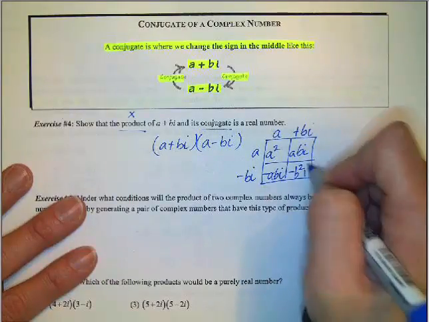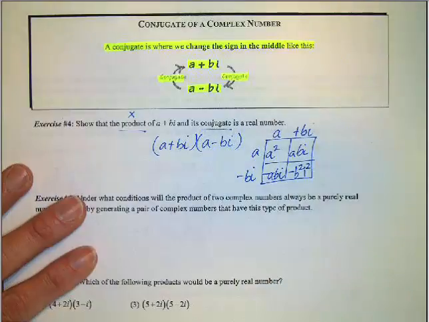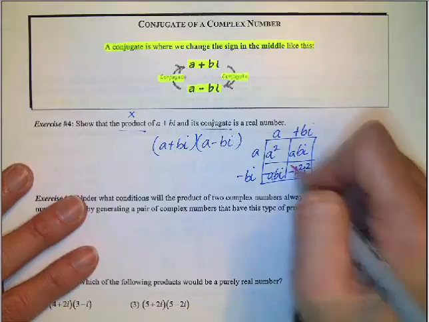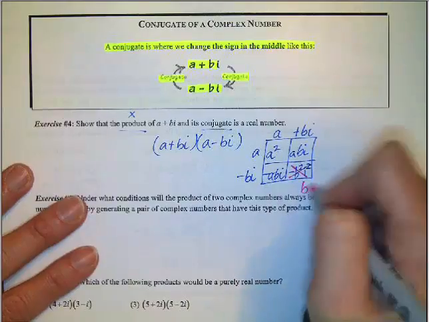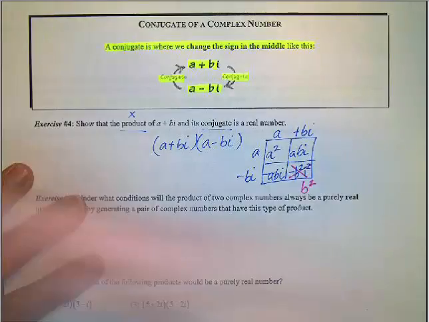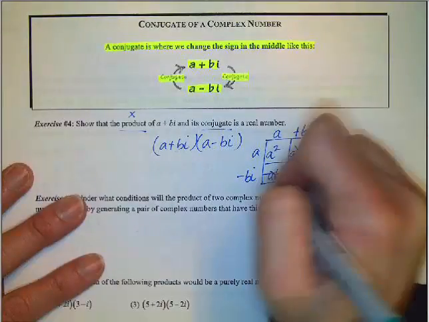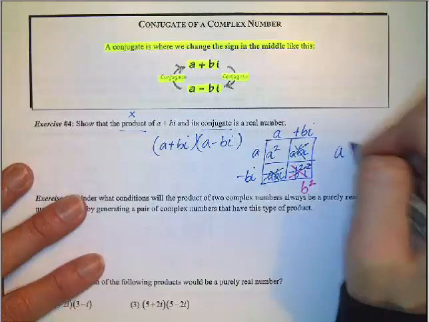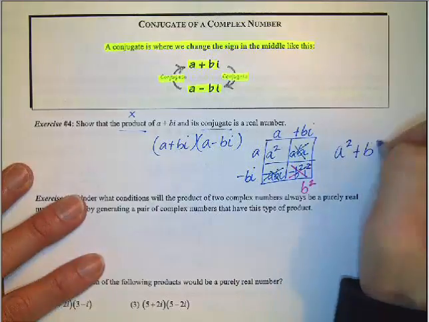And then i squared. Now we remember that i squared is negative 1, so a negative and a negative make a positive, so this is b squared. We also notice that these middle terms cancel. So my answer to this problem is a squared plus b squared.